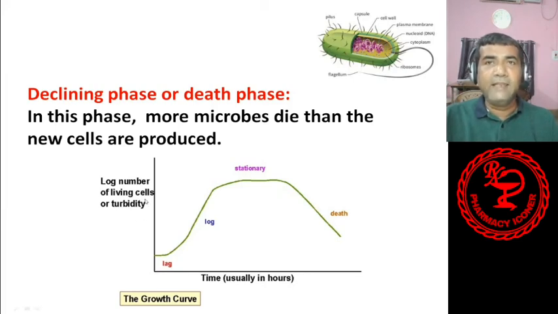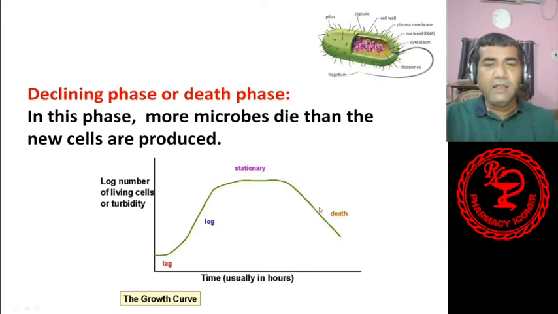The more cells, the more turbid the solution. So the log of living cells, that is the cell count, or the log of turbidity of the cells, is plotted, and along with that the time is plotted numerically here. If it is a fast growing culture, then we can plot it in minutes, and if it is a slow growing culture, we can plot it in hours.